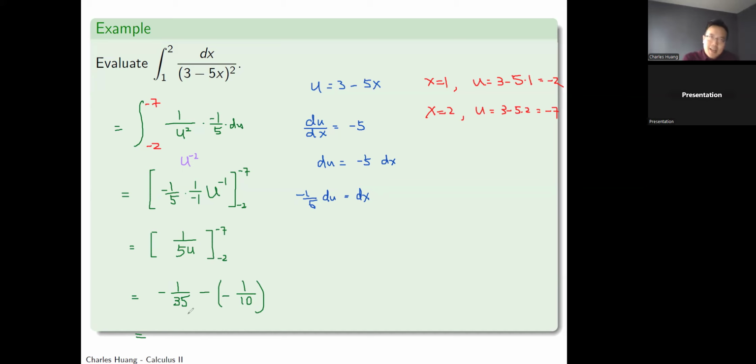And 35. So we'll go up to 70, right? So we'll do common denominator of 70. This is -2. This is +5. Oh, sorry, +7. -2 +7. So that's +5. So I get 5/70, or 1/14.